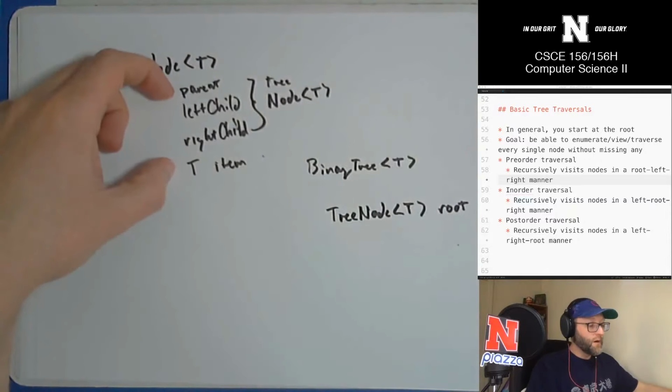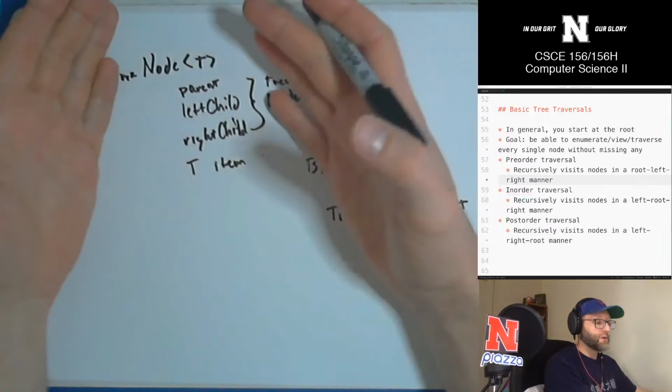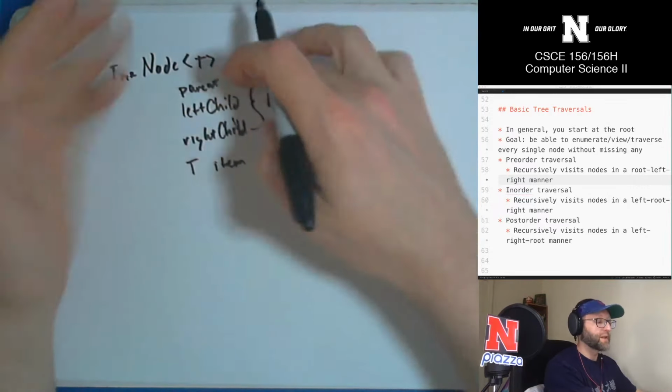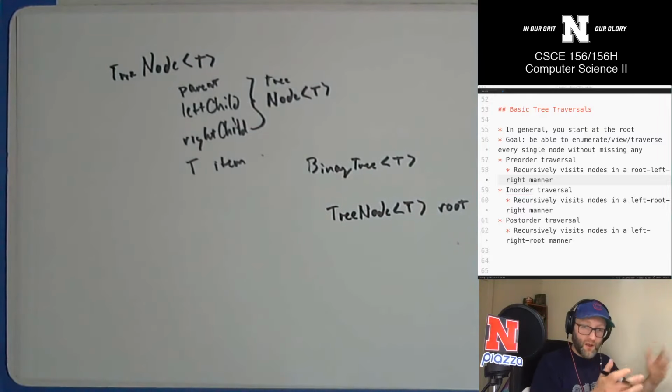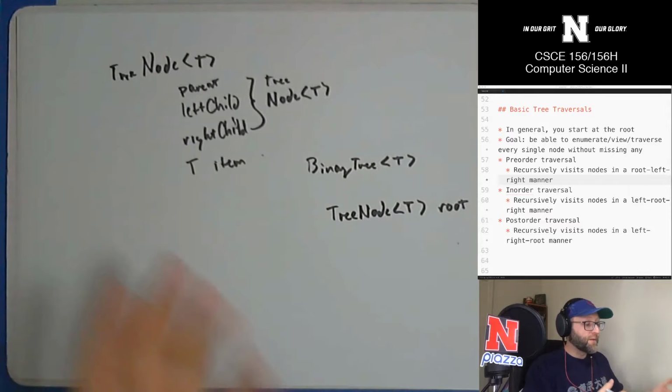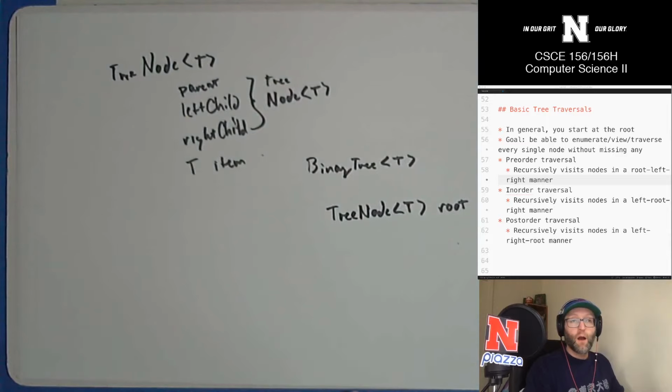And then if you have the root, you can traverse to the left child of the root. Now that gives you a different node. You can traverse to the left, back to the root, which is its parent, or the left child or the right child. You can do whatever you want, and you can store stuff in it, and it's a very straightforward implementation, right? And we might end up using that. You'll definitely end up using that in one of your upcoming labs.